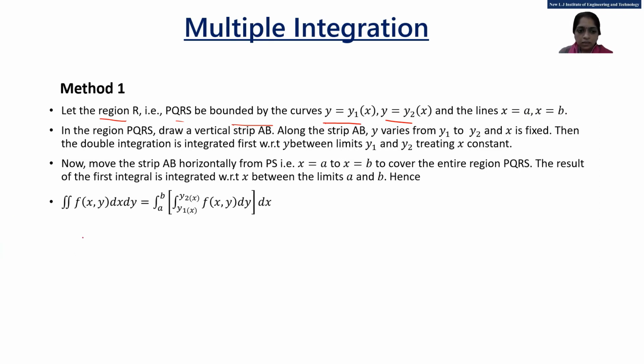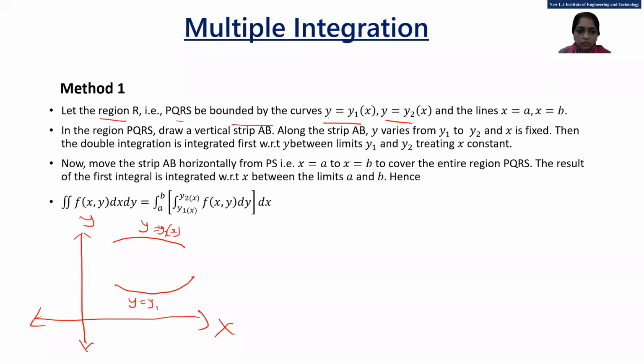See, let's understand with the help of the graph. Suppose this is the x-axis, this one is the y-axis, right? Here we have two curves, y equal to y1(x) and y2(x). So this is y equal to y1(x), one curve, and suppose the other curve is y equal to y2(x), and the lines x equal to a and x equal to b.